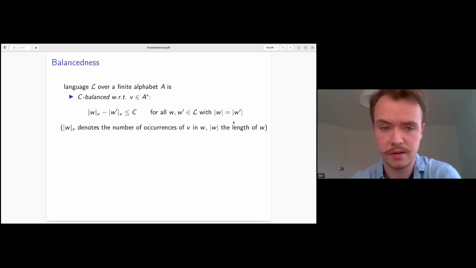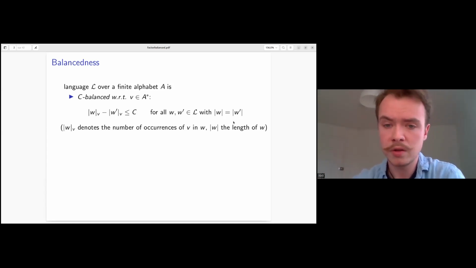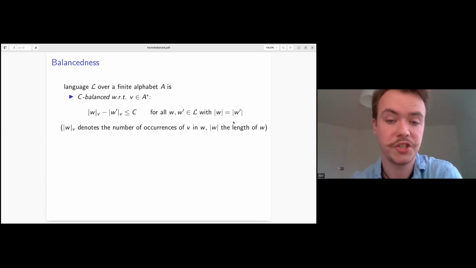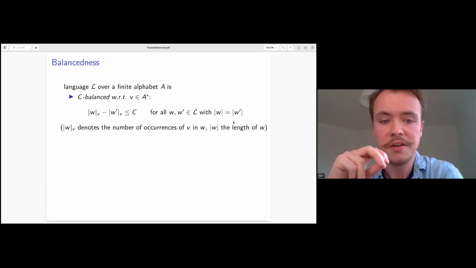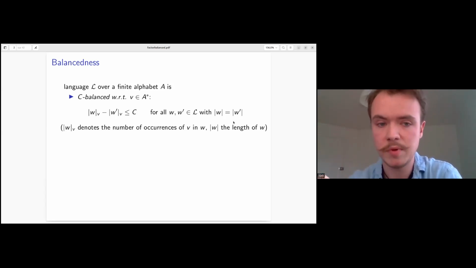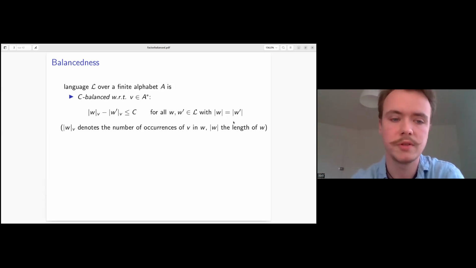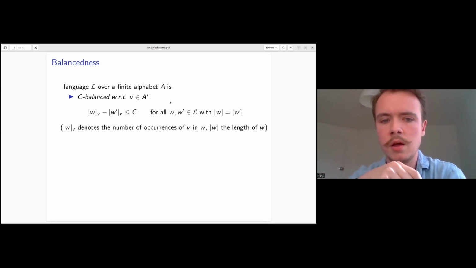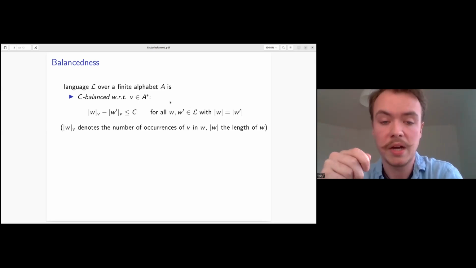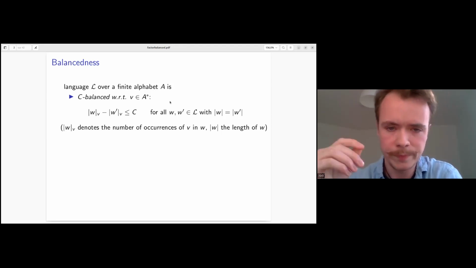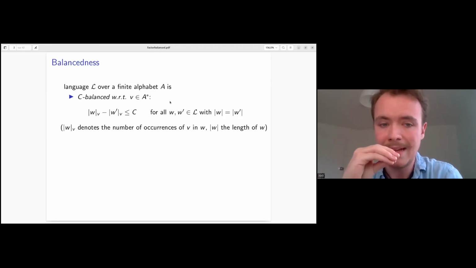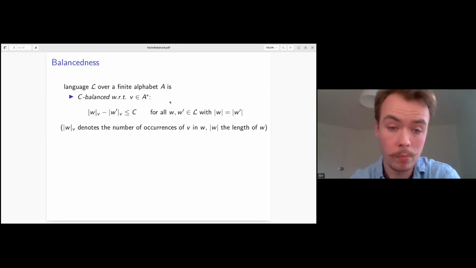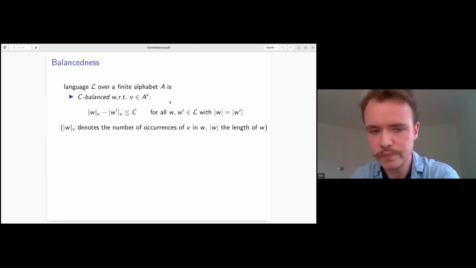Given a factor V in A star, and two words W and W prime of the same length in the language L, being C-balanced with relation to V means that the difference in the number of occurrences of V in those two words is bounded by some constant C that needs to be independent from the length of W and W prime. But it is important to notice that it can depend on the length of V, or even on V.